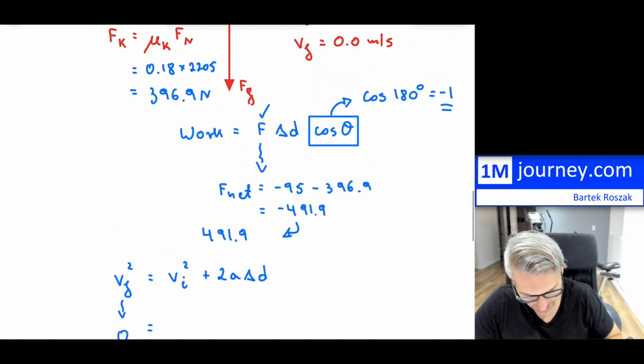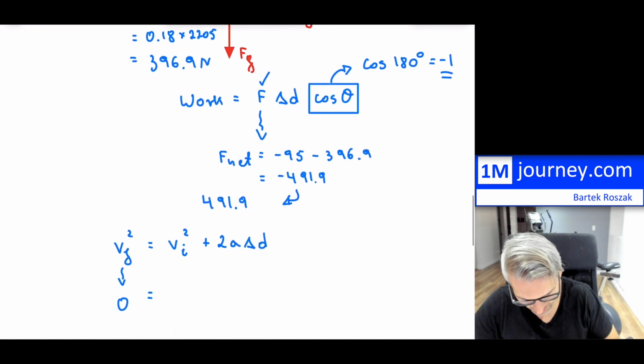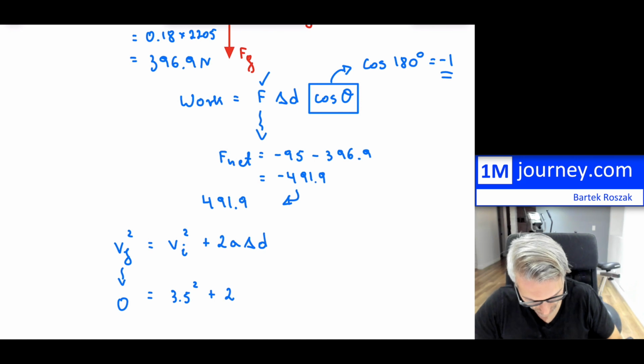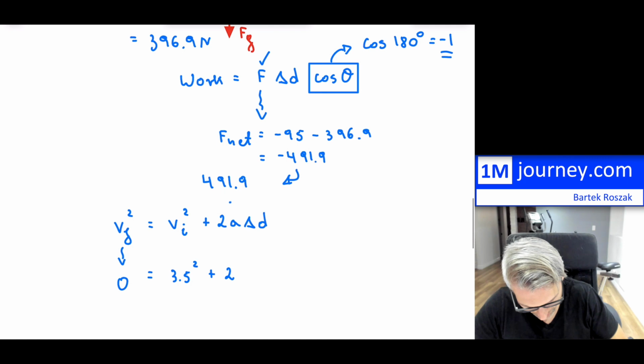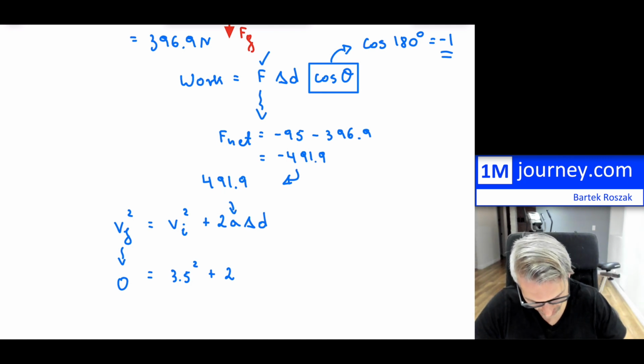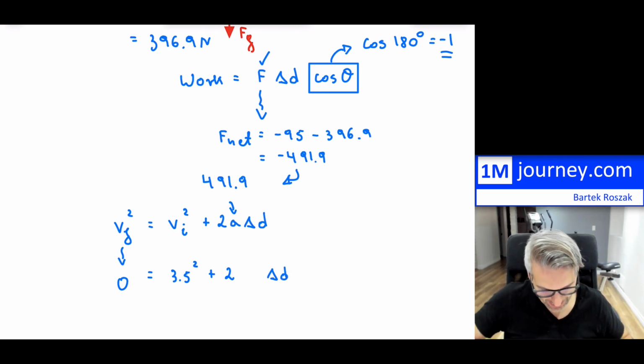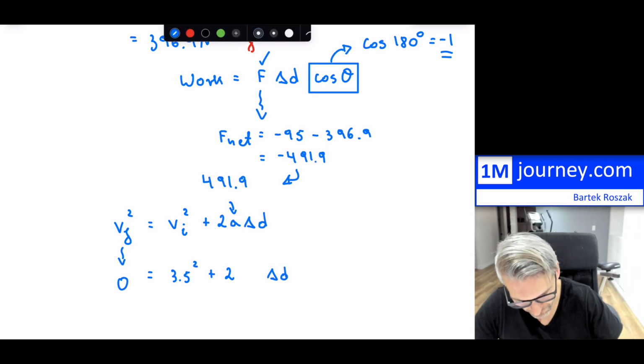My V initial, I know, is 3.5 meters per second, so that's going to get squared, plus 2 times my acceleration, so that's this one right there. I can try to find what that is, and then I'm going to have my delta D. Now, my acceleration is not very difficult to find.